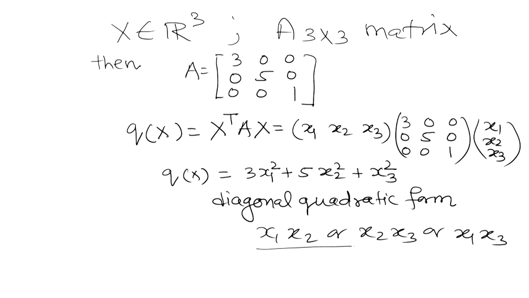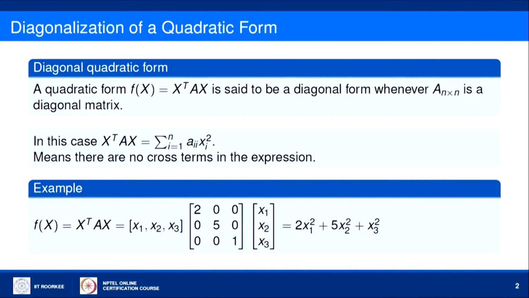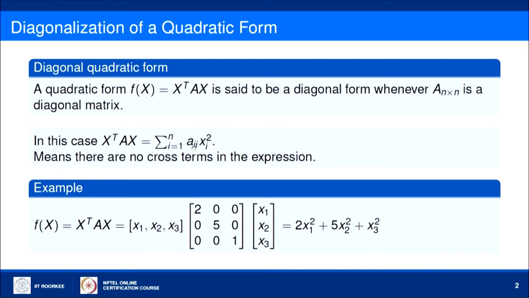All these have 0 coefficient. So, I can represent this quadratic form in this way: x transpose A x, where A is a diagonal matrix, is the sum over i equals 1 to n of a_i into x_i square, where x_i are the components of the vector x. This is another example of the quadratic form.